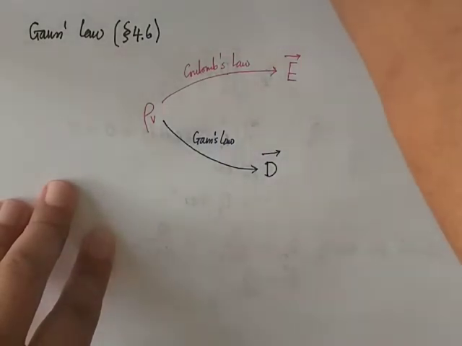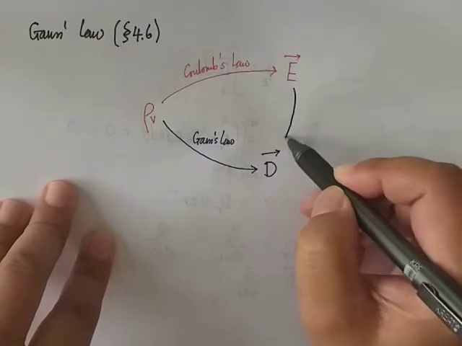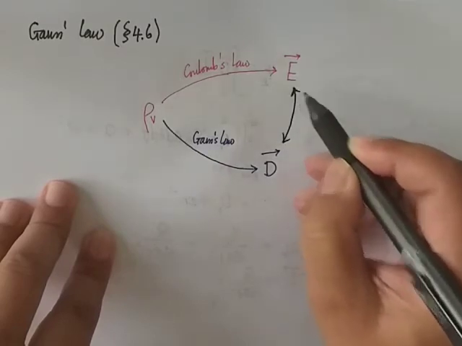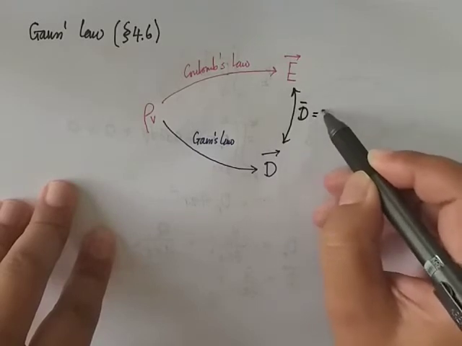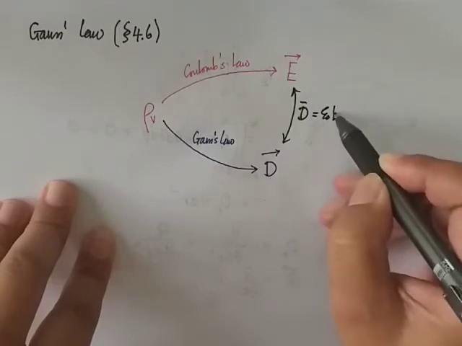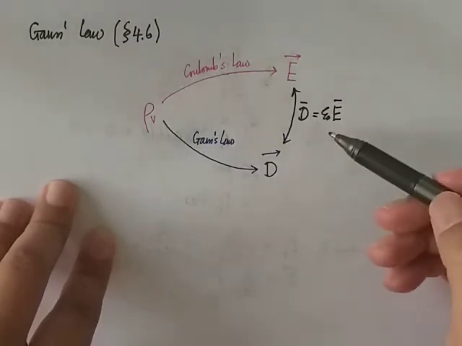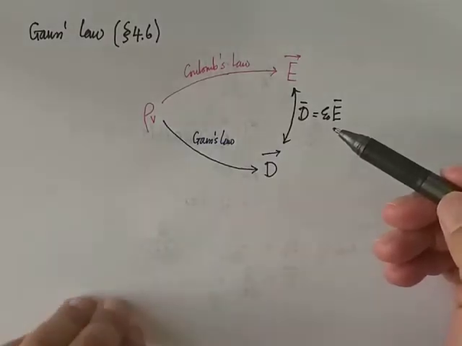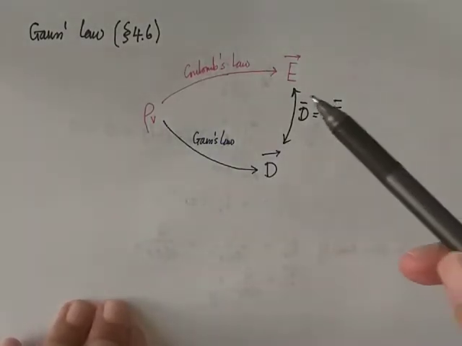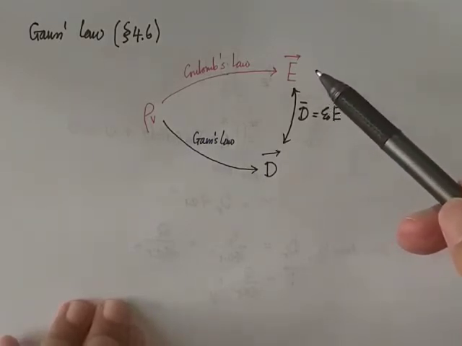These two fields can be linked together using the standard equation you just saw: D is equal to epsilon naught E, because we're still in free space, or a vacuum medium. That's why we use the denotation epsilon naught. So now you can see if I want to find E given by the question, I can use two approaches.